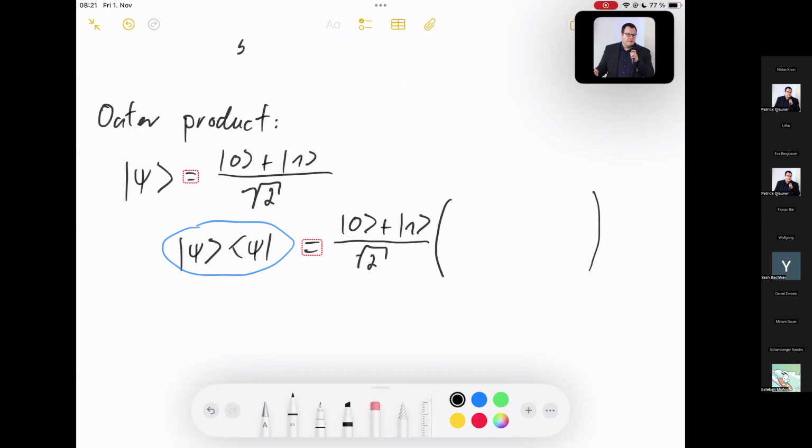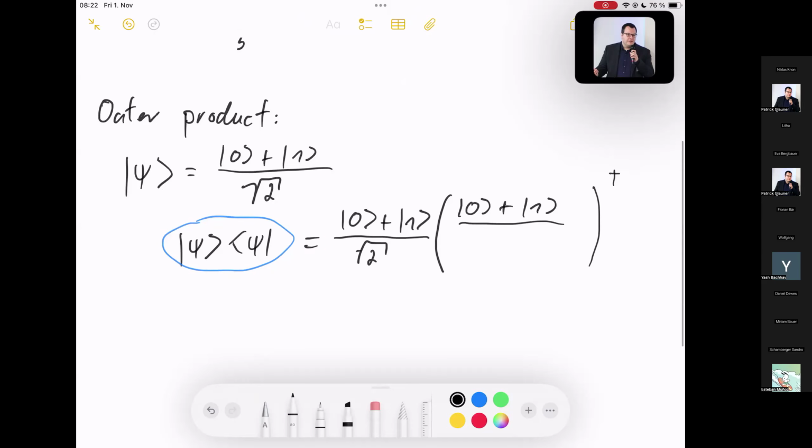And you remember the relation between a ket and a bra, something we have seen before, has to do with the dagger, the adjoint operation. So now this is |0⟩ plus |1⟩ divided by the square root of 2, and we apply, very importantly, the dagger operation.